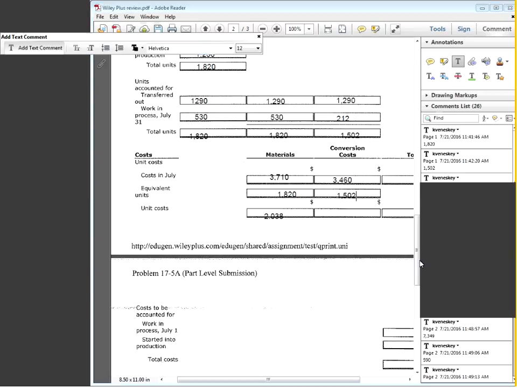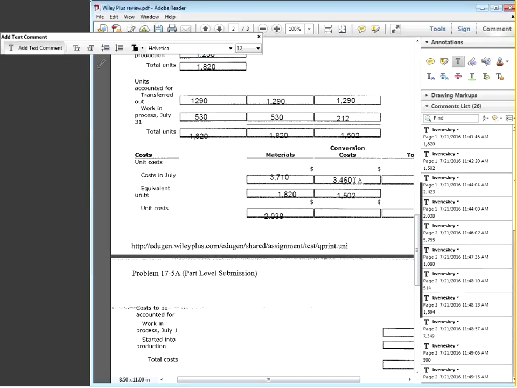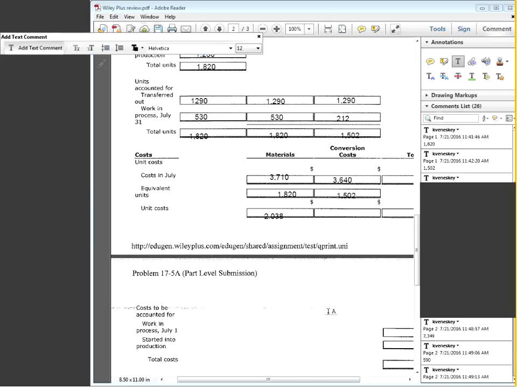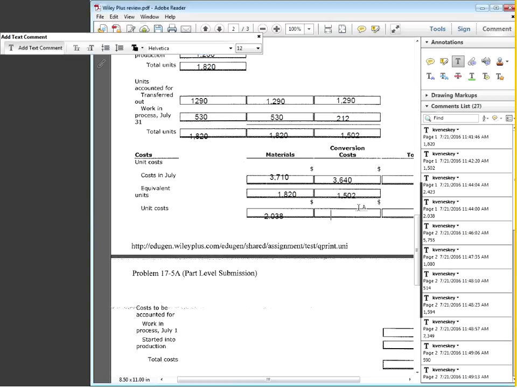And then we just do the simple math. Let me see if I might have typed that in wrong here. My calculator showed 3640. I typed in 3460. Yeah, 3640. And then we take 3640 divided by 1502, and we get that same number that we had worked with before, 2.423.